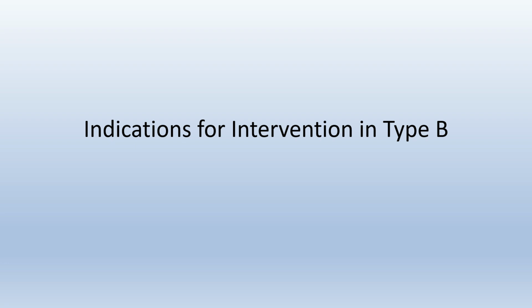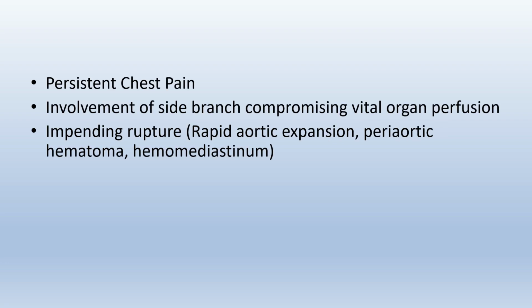Indications for intervention in type B: persistent chest pain, involvement of a side branch compromising vital organ perfusion, impending rupture, rapid aortic expansion, peri-aortic hematoma, hemomediastinum.